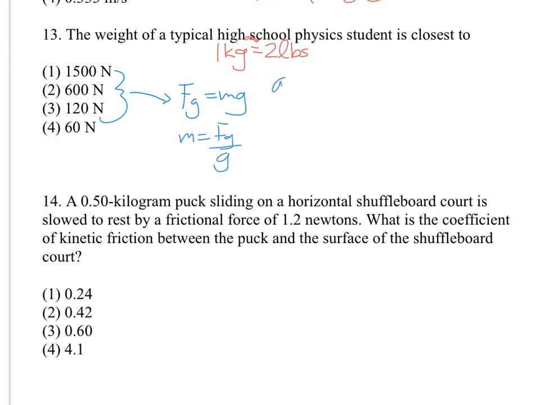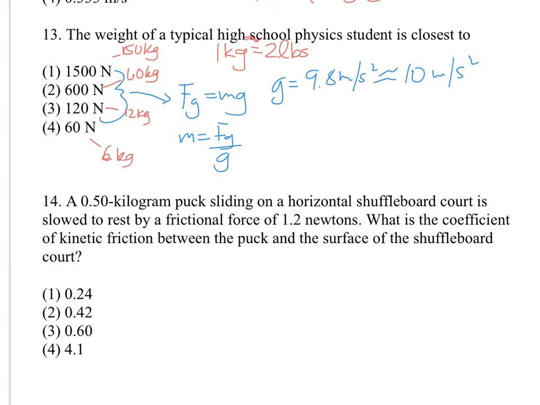And since g is 9.8, we could approximate that to about 10 meters per second squared, making it easier on us to do our conversions. So if you look at each of these, this one's about 150 kilograms. This one's about 60 kilograms. This one's about 12 kilograms, and this one's about 6 kilograms.